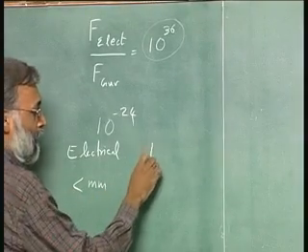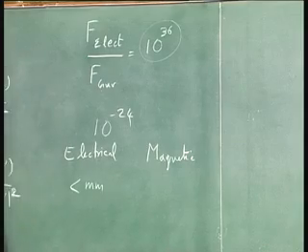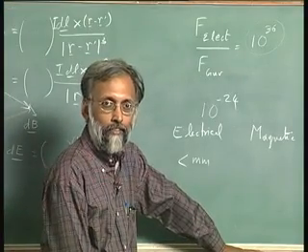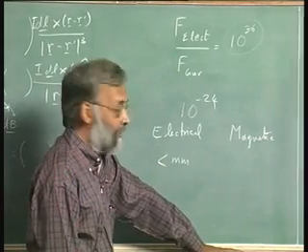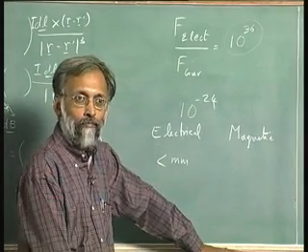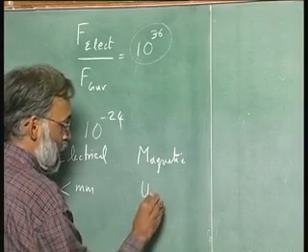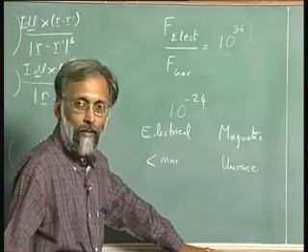But if you start asking about magnetic effects, the Earth's magnetic field is of planetary dimensions. The Sun's magnetic field is even larger, and the galaxy has a magnetic field. The magnetic field has a scale which is of the order of the universe itself. There is a cosmic magnetic field.